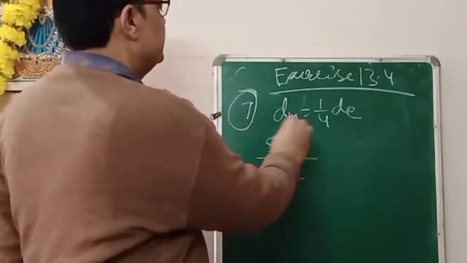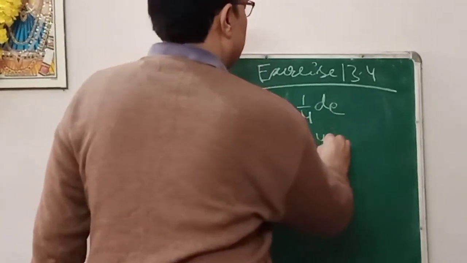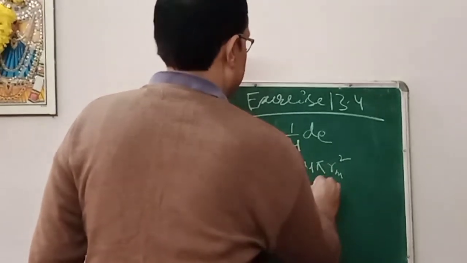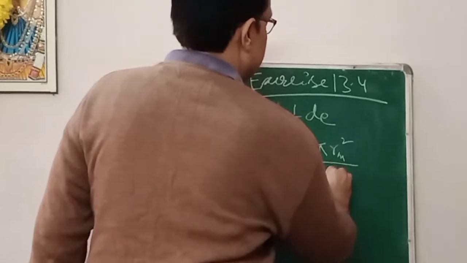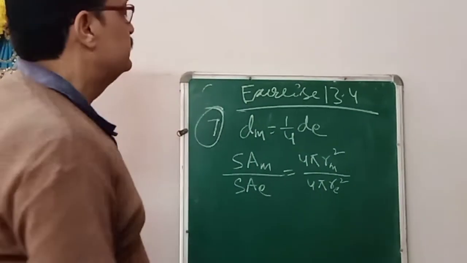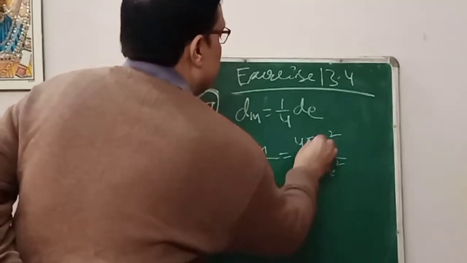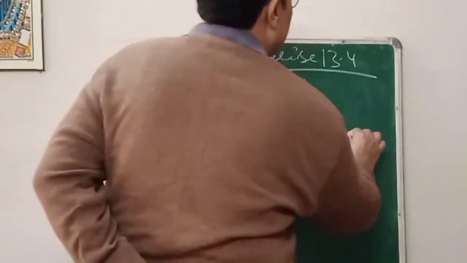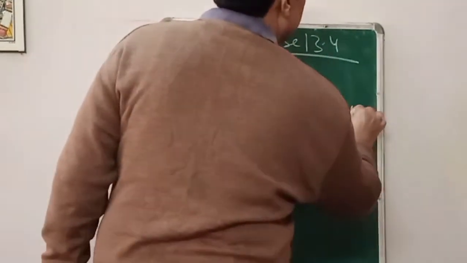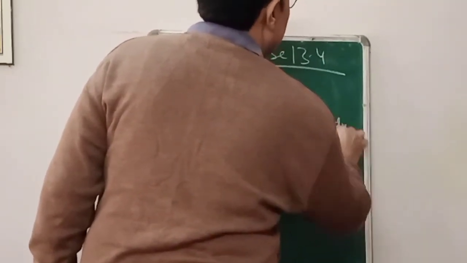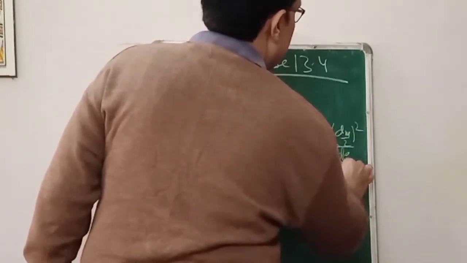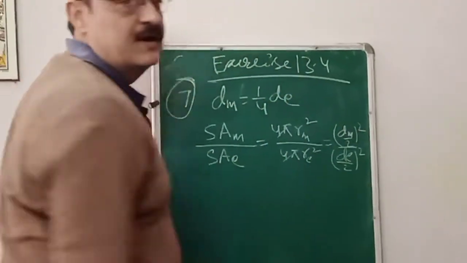We know the surface area of a sphere: 4 pi rm square in case of moon, and 4 pi re square for earth. 4 pi gets cancelled. So now rm is dm upon 2. So dm upon 2 whole square divided by d upon 2 whole square.